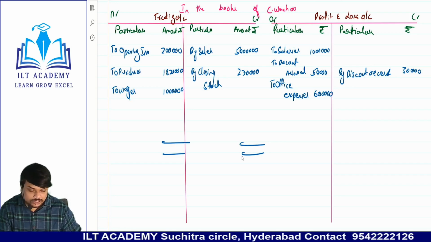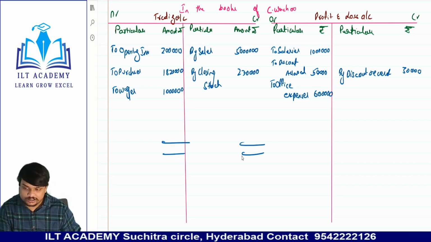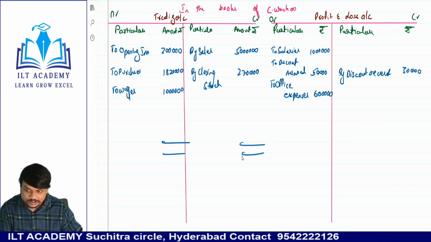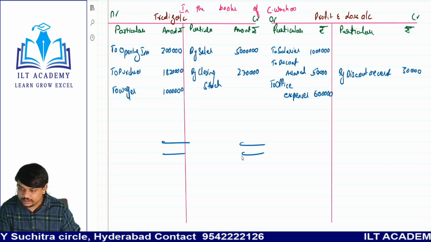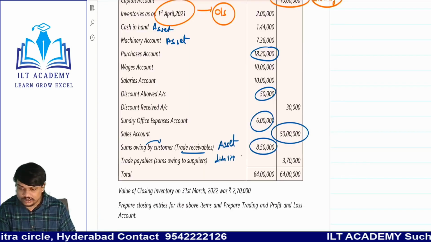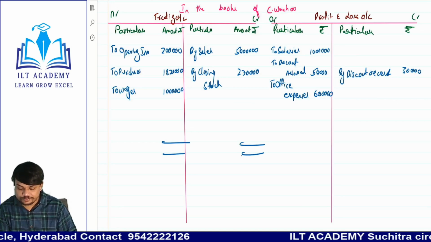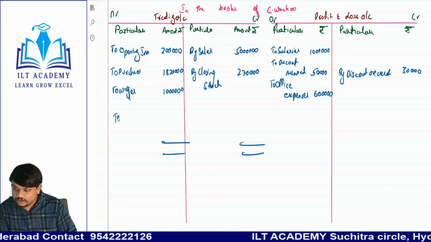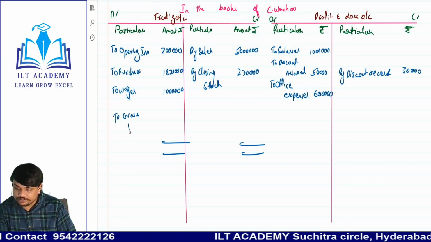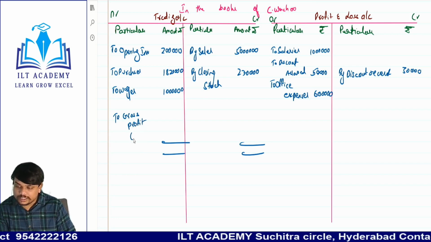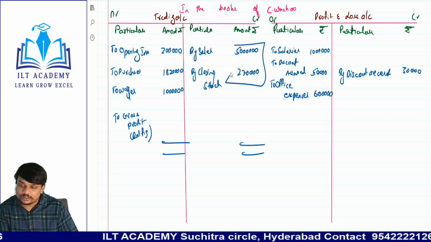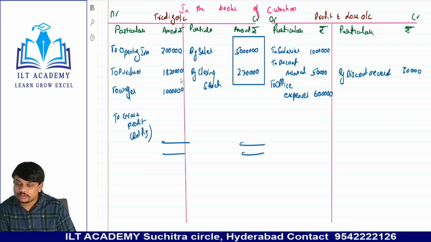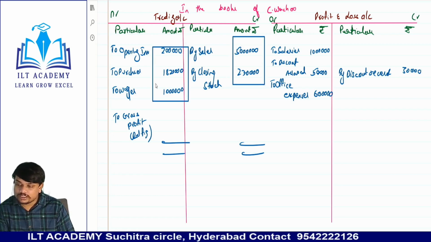3 lakhs plus 2,70,000 minus 20 lakhs minus 18 lakh 20,000 minus 10 lakhs. This 4,50,000 is the gross profit. To gross profit. Just balance it after adding both and minus both.